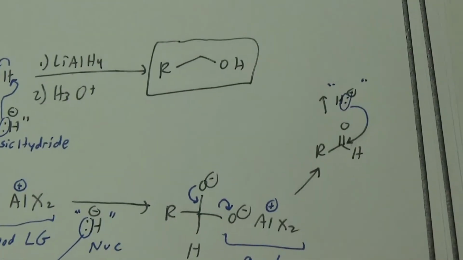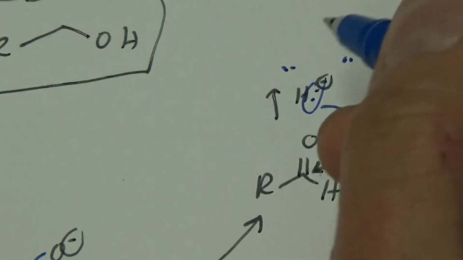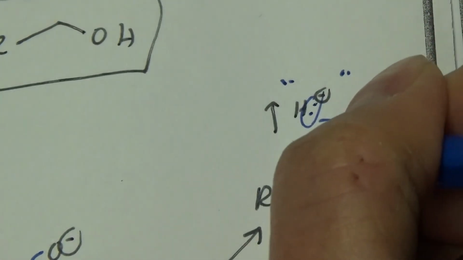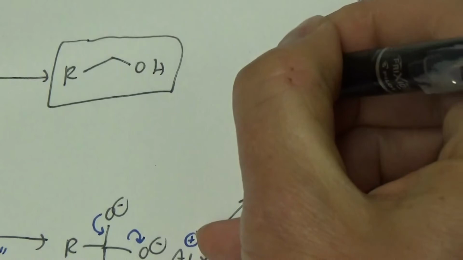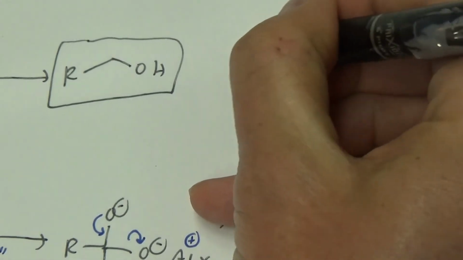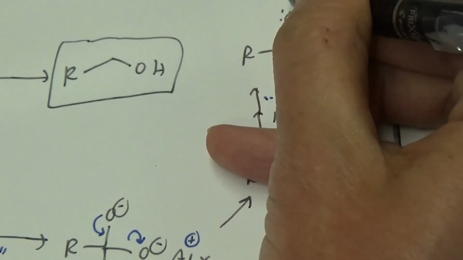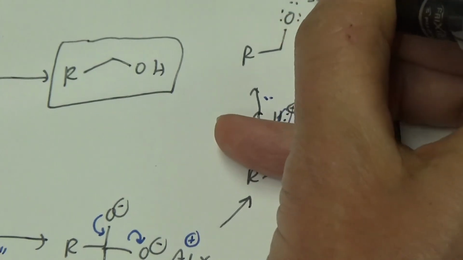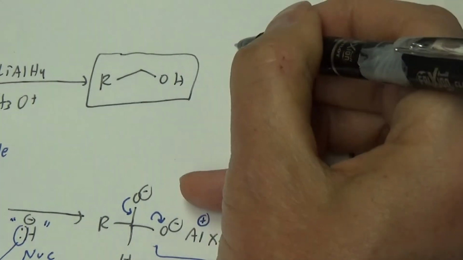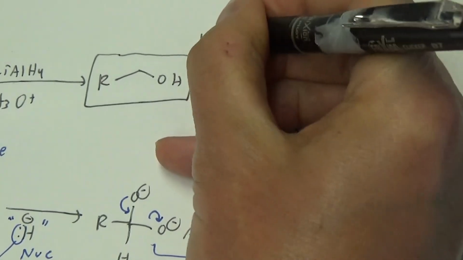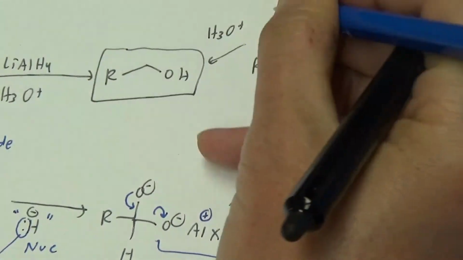And now the electrons go up onto the oxygen. And what does that give us? It gives us the O minus thing. And then finally H3O plus comes in and we protonate.